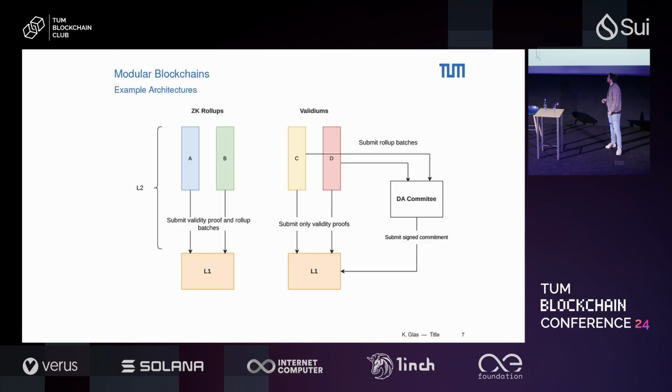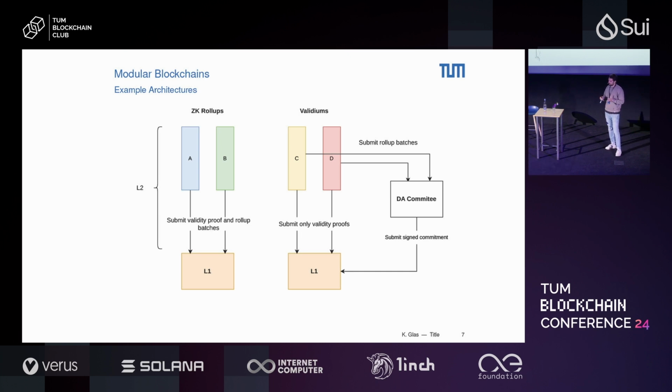Okay, now here are some very simple modular architectures, which are rollups, ZK rollups and validiums. That's, I guess, the simplest thing you can do. As I said, you've already seen this in the talk before. Rollups have some form of sequencer that bundles together transactions and batches.